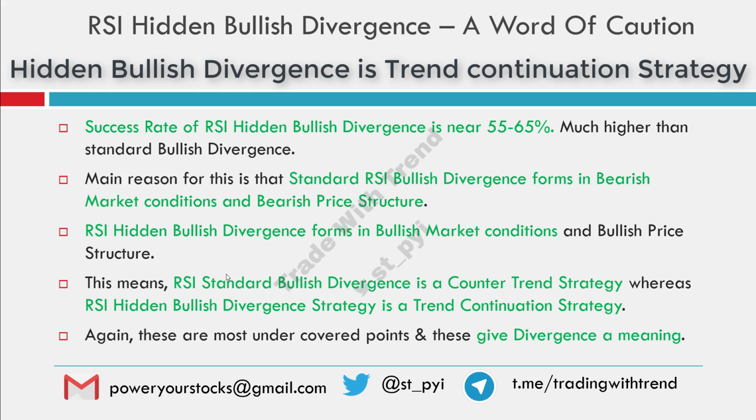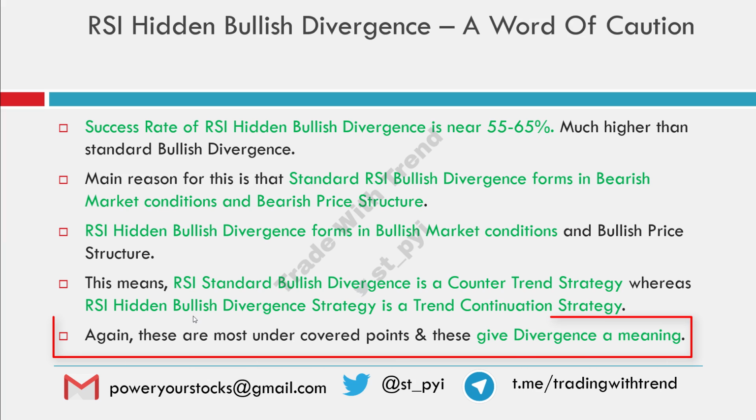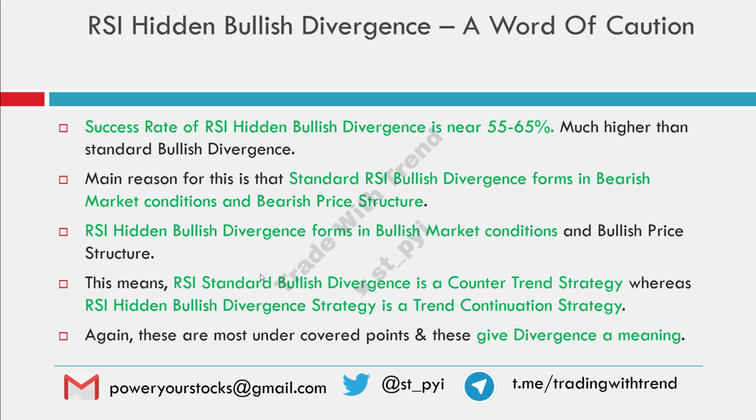This means RSI standard bullish divergence is actually a counter trend strategy, and that is why the success rate of that particular strategy is low, whereas RSI hidden bullish divergence is a trend continuation strategy, and hence the odds of this trade working out are much higher. Again, these are some of the most undercovered points, and these give divergence an overall meaning and precisely define in which market conditions to apply which divergence strategy.